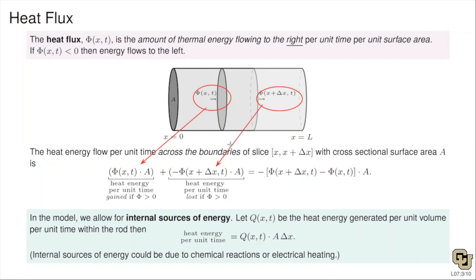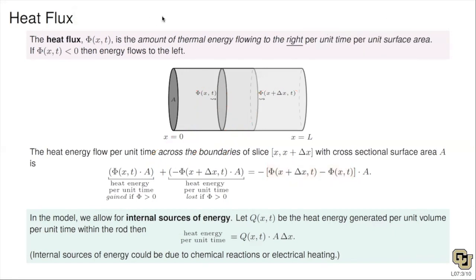So here, notice the minus sign, because on the right end, energy is leaving. And then we factor out the minus sign and write it in a more calculus-friendly version. Here you should think of this as kind of f of b minus f of a. In a second, we'll write that in an integral form.